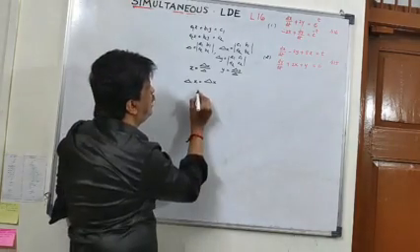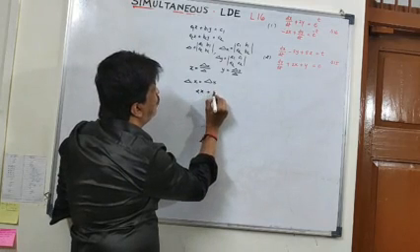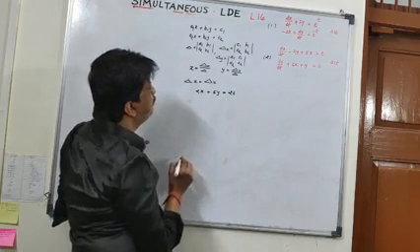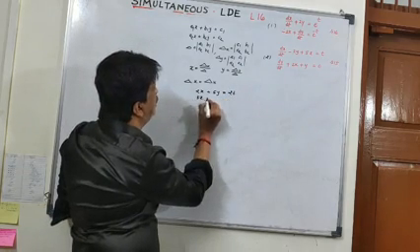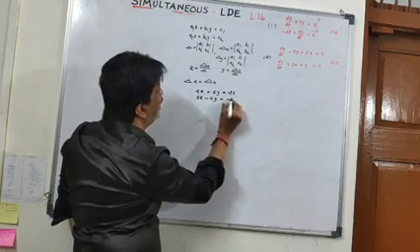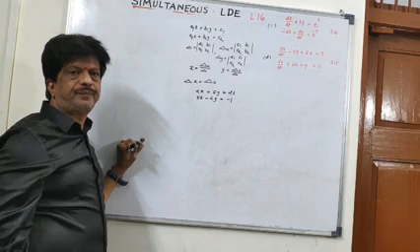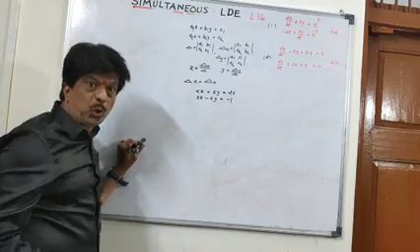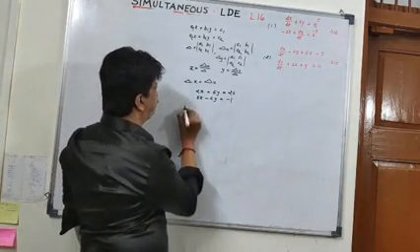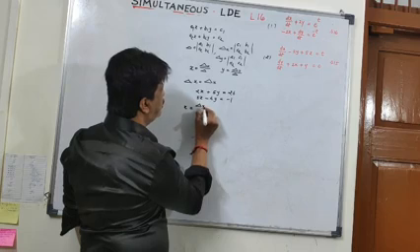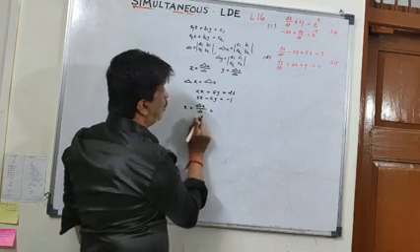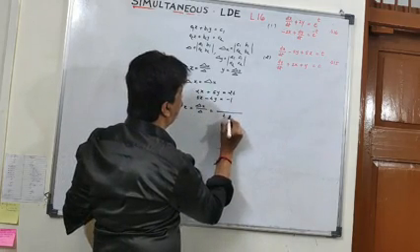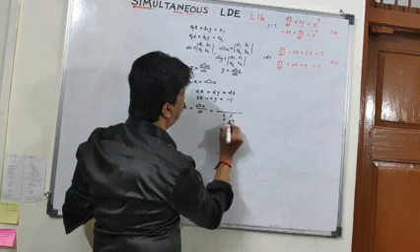For example, say 2x plus 5y is equal to 26 and 5x minus 4y equal to minus 1. Now I am finding the values of x and y by Cramer's rule. x is equal to delta x by delta. What is delta? It is the determinant of unknowns: 2, 5, 5, minus 4.